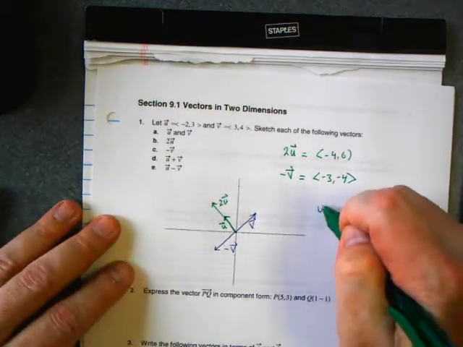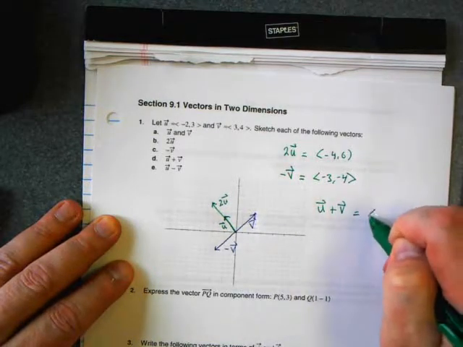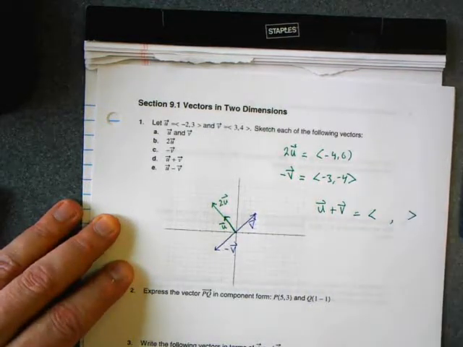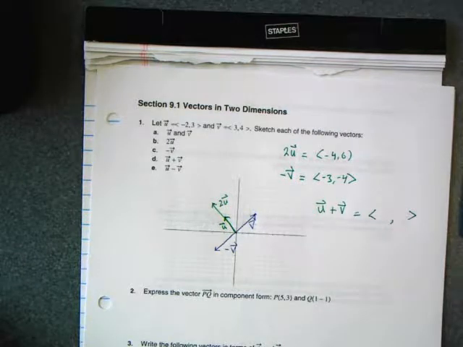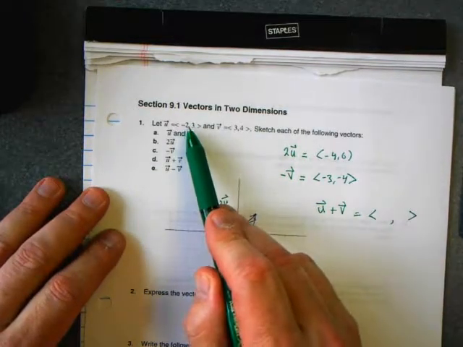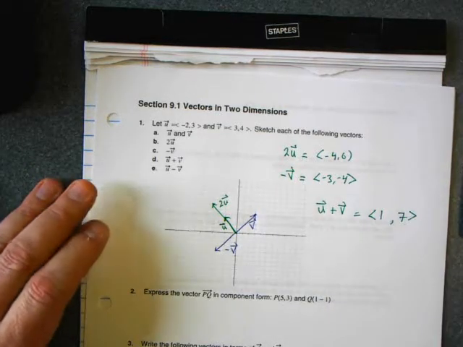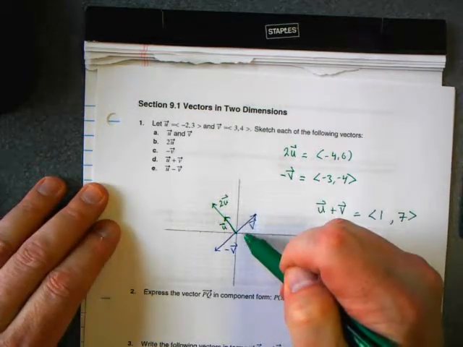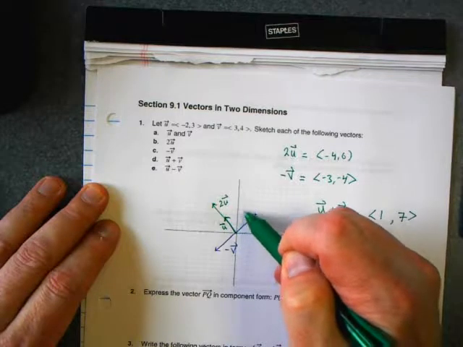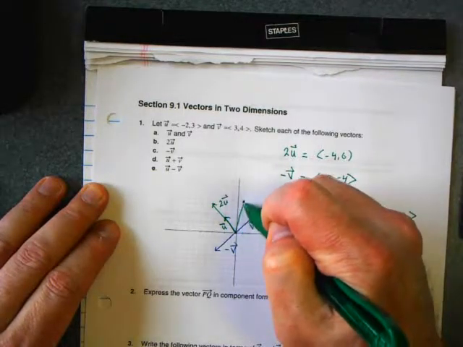All right. How about the vector u plus the vector v? How do you think you add two vectors? Give you a hint, it's very, very easy. You add the x's and you add the y's. That's right. So it would be 1, 7. It would be this vector.